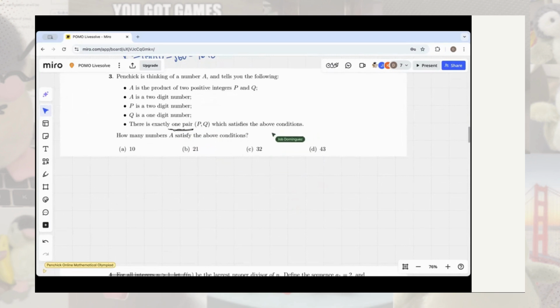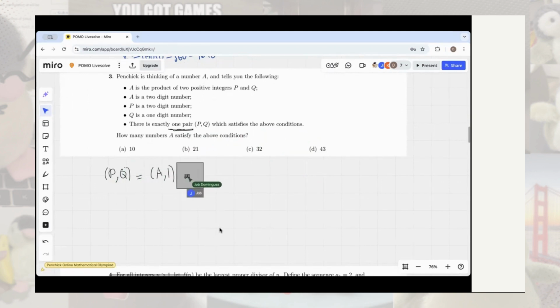So let's go first to the last statement here. Clearly, we know that P, Q must be A and 1, right? We know that this must be the unique pair.